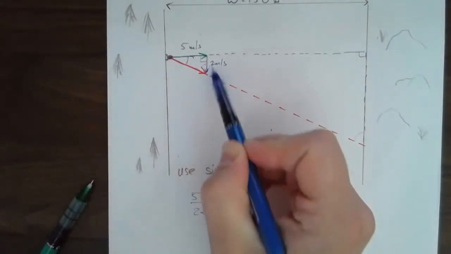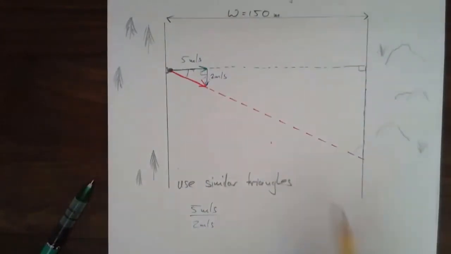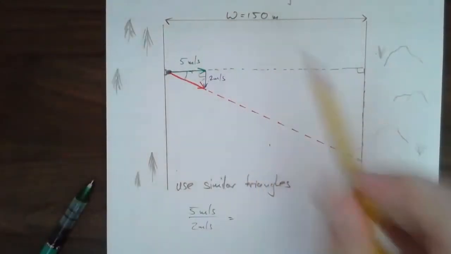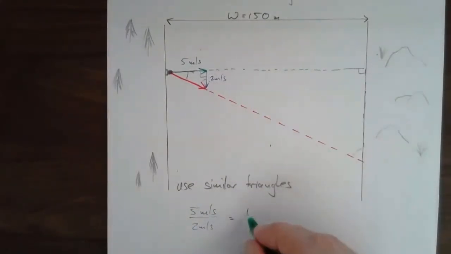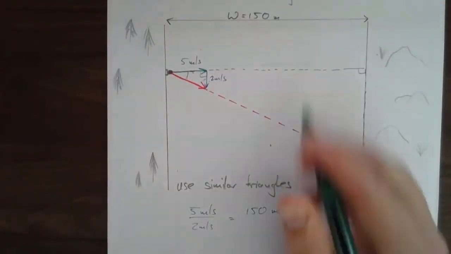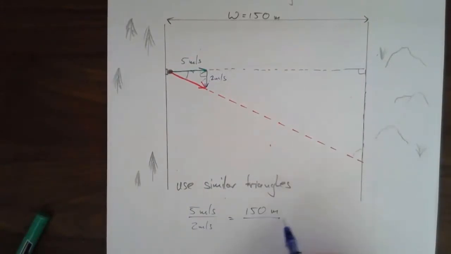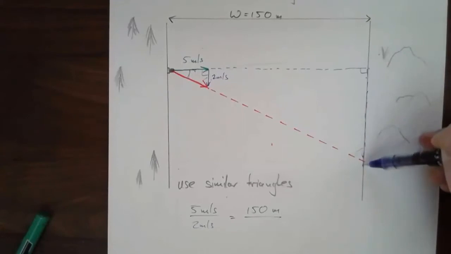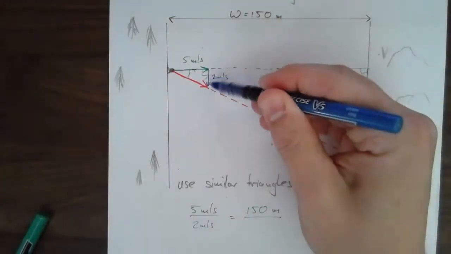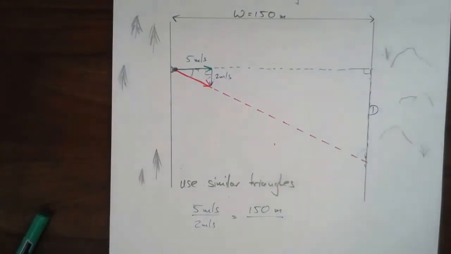This over this is the same as this over this, which is equal to the width, W, 150, that's the length from here to here, divided by, let's call it this distance. This is the corresponding side of the big triangle, corresponding with this one. So let's call this distance D for drift.